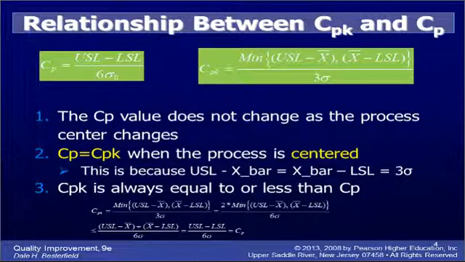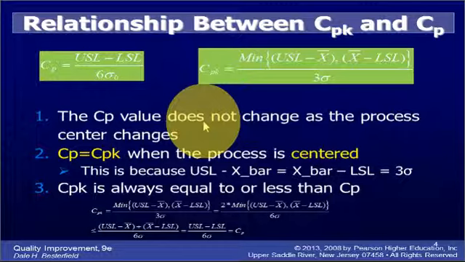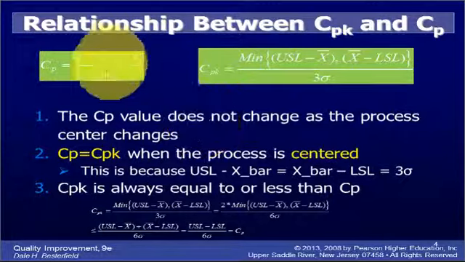Here are some comments about the CPK and CP values. The CP value, as defined here, does not change as the process center changes. Even though your process center changes, your process capability, the 6 sigma, is not changing, and therefore the CP value does not change.